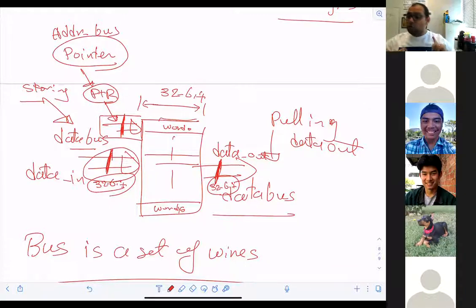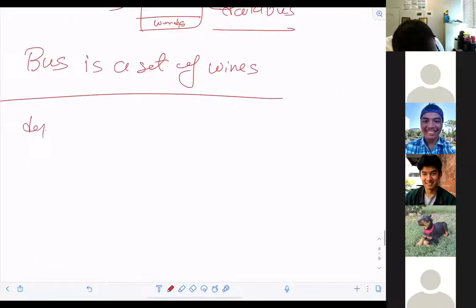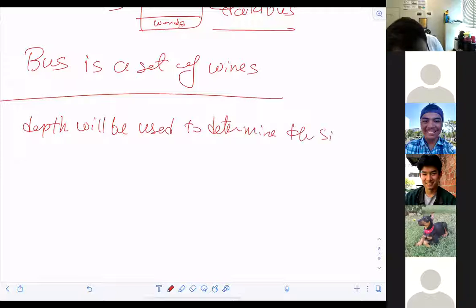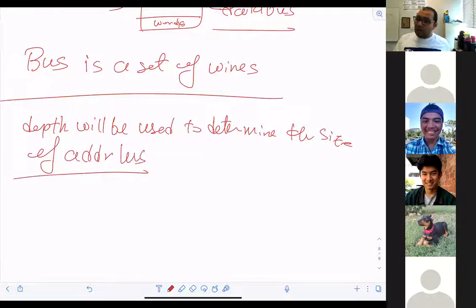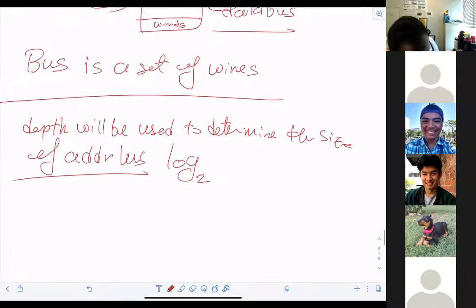Which is opening the door on how many bits this will be covered based on what? Depth. So depth will be used to determine the size of the address bus. It is basically log 2 of the depth.